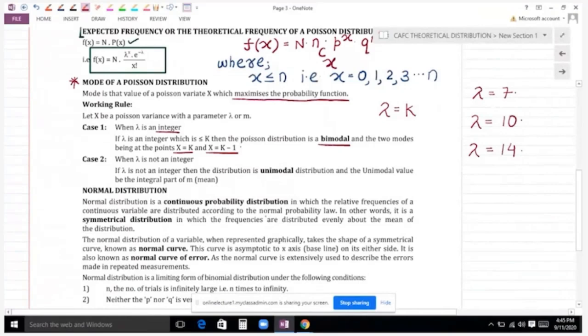So in such cases, the given distribution will be considered a unimodal distribution. A unimodal distribution means it will have only one value of mode, in which only the integral part is taken into consideration, whereas the fractional part is completely ignored.